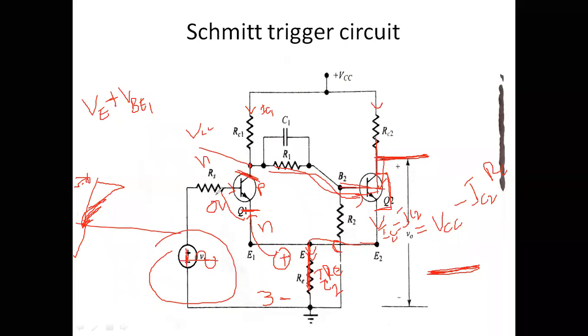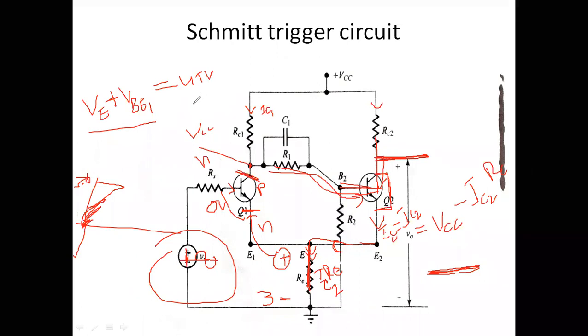Whenever your input voltage is less than VE plus VBE, then your transistor will be in the off state only. Therefore, this voltage we are going to call the upper threshold voltage, UTV.